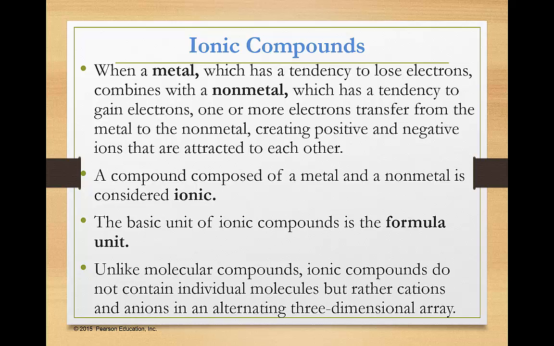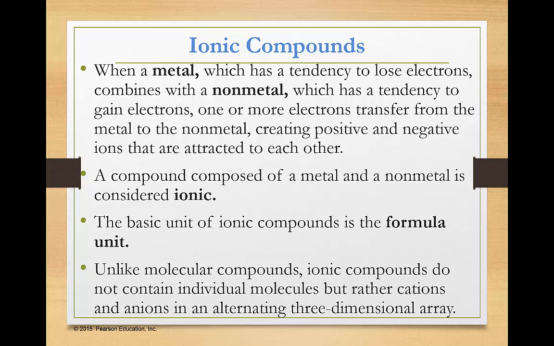All right, a little bit more about ionic compounds. When a metal, which has a tendency to lose electrons, remember we said metals want to move toward that noble gas configuration, and it's usually easier for them to back up on the periodic table, so it's easier for them to lose electrons. They form positive ions, cations. They tend to combine with nonmetals, which find it easier to go forward, gain some electrons, and form an anion.